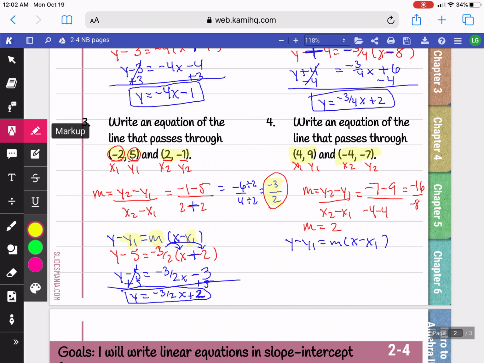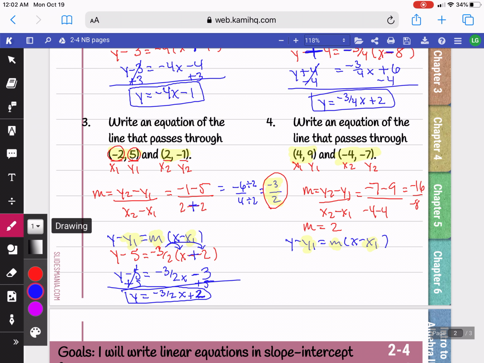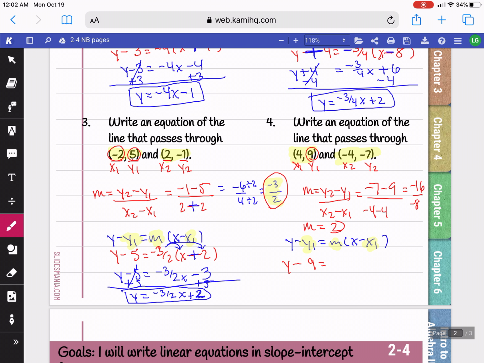And remember, we're plugging in for y1, m, and x1. So I have y minus, y1 was 9, m, our slope, was 2, x minus, x1 is 4. And now I can distribute.